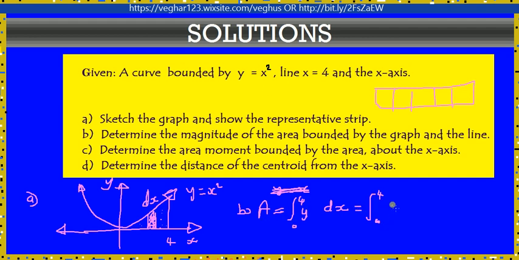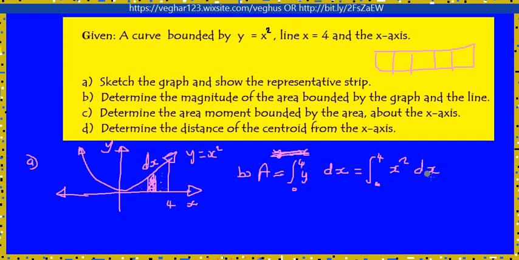And then you substitute the x square here because it's the y. So before you integrate, you have to change everything to be in terms of x. So now you can see it's x now.